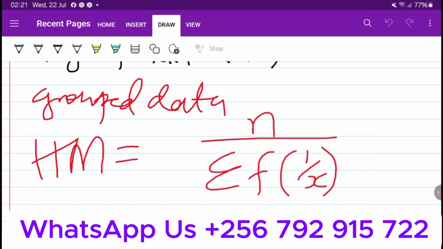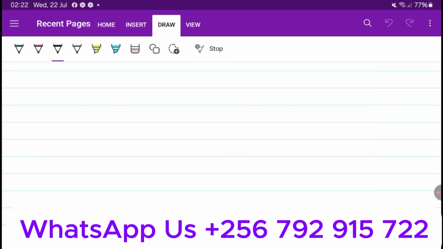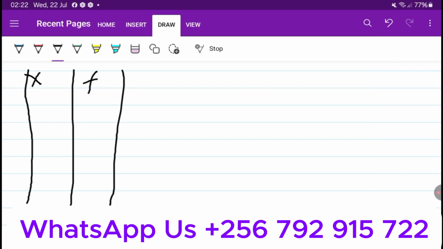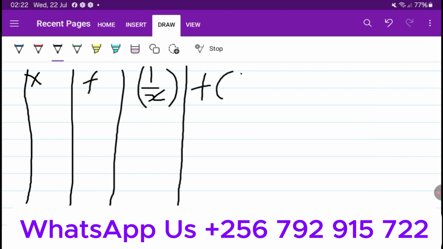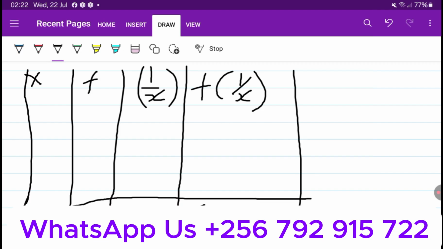If you are setting up the table, maybe just to show you how we can set it up, we set up the table like this. We get the x values. Then we get the frequency, which will also be given to us. Then we get 1 over x. Then we get f into 1 over x. And then the total we get here will be the summation f into 1 over x.